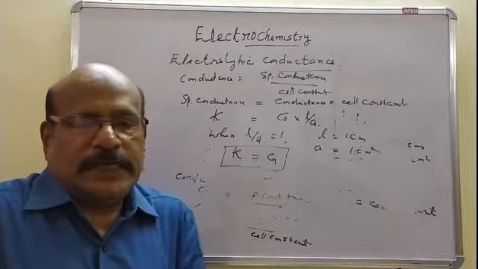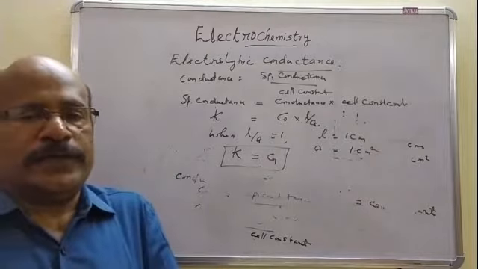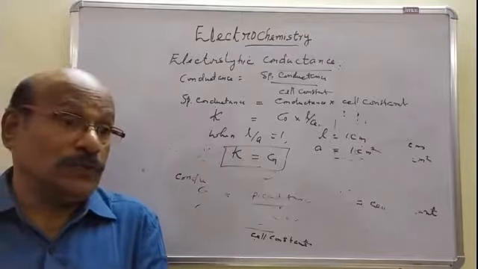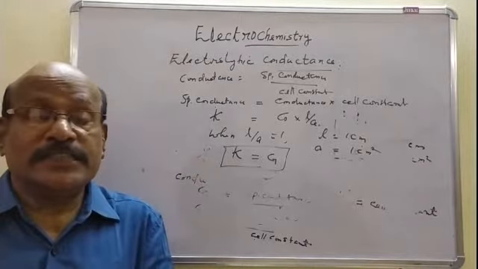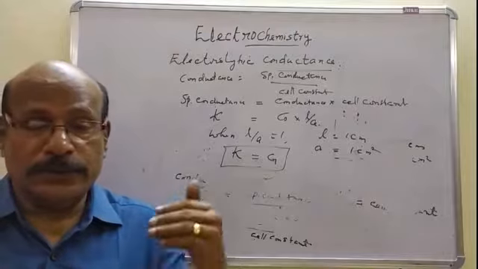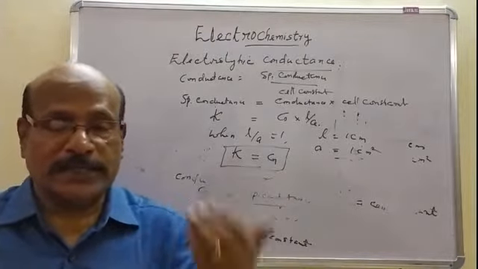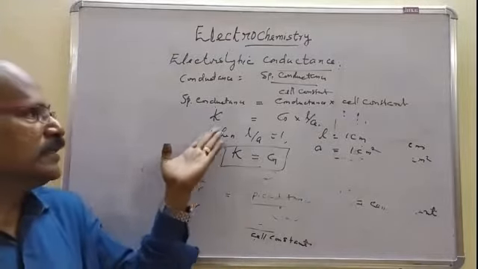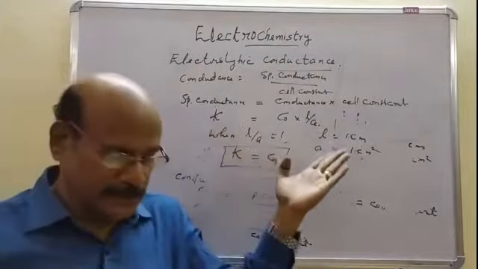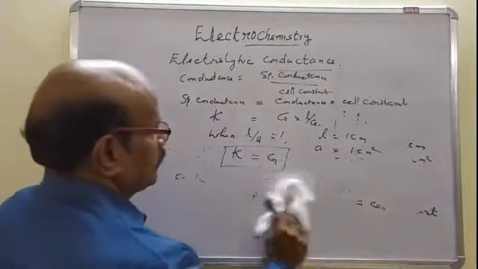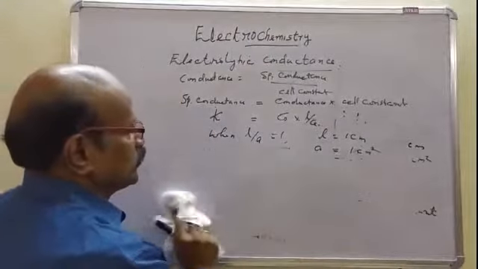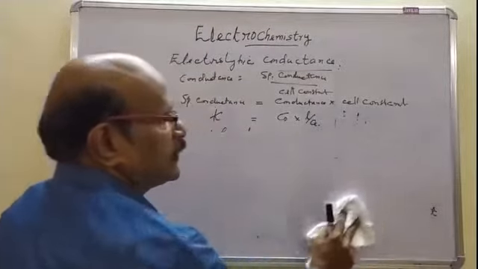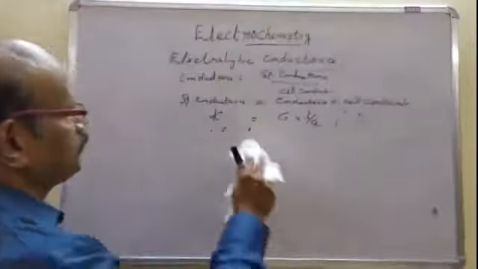So alternatively, the specific conductance of an electrolyte is defined as the conductance of a 1 cc solution, or a unit volume of the solution. So that's the definition.